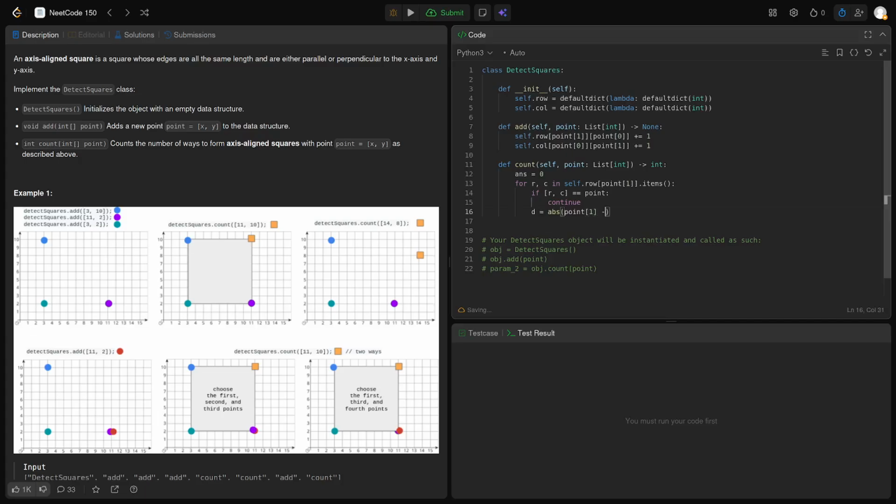So point[1] minus column. This is column and this is count. And now if column is equal to point[0], we continue, otherwise we get point[1] minus column. And then we want ans plus equals count times.